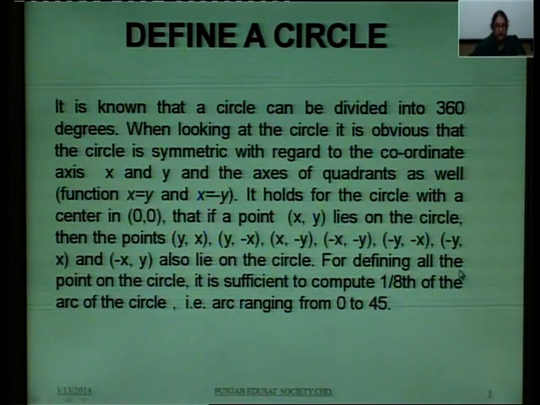For defining all the points on the circle, it is sufficient to compute 1/8 of the arc of the circle, that is the arc which ranges from 0 to 45 degrees.